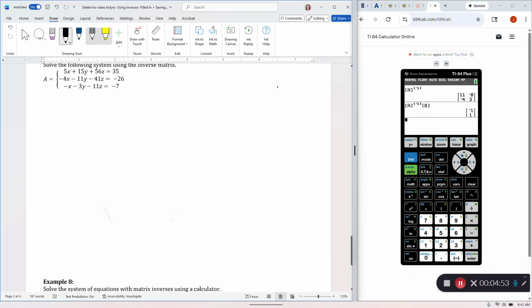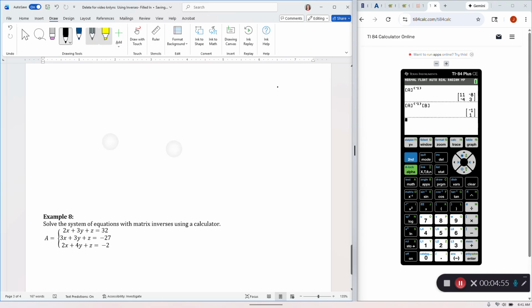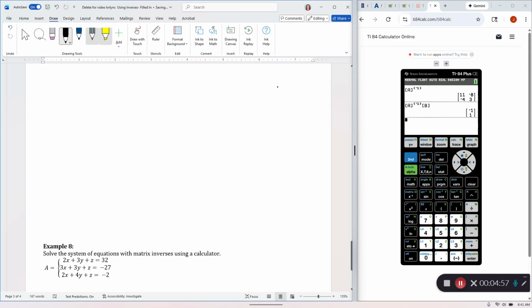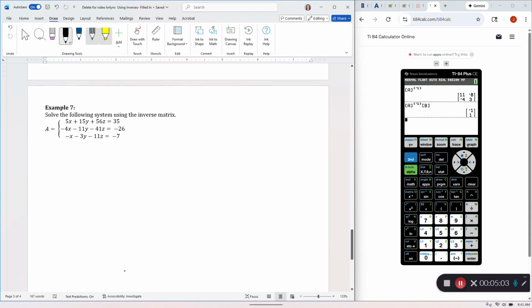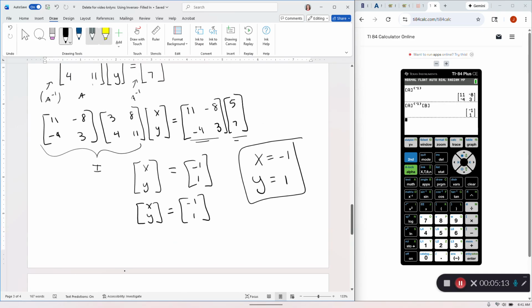I'll run through this one, probably talk a bit less. And then this is essentially us doing the same thing. Now keep in mind, if I was your math instructor, I would have this be a no calculator problem. Probably a smaller one like this one would be a no calculator problem because all of the pieces that we did, we could have done without a calculator.